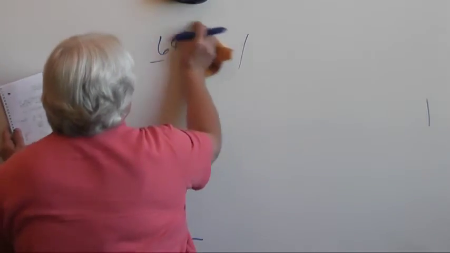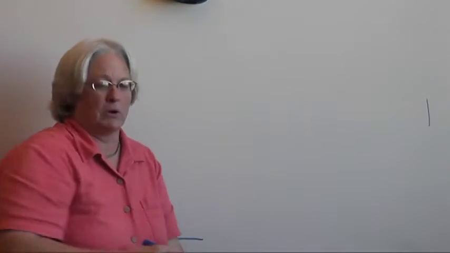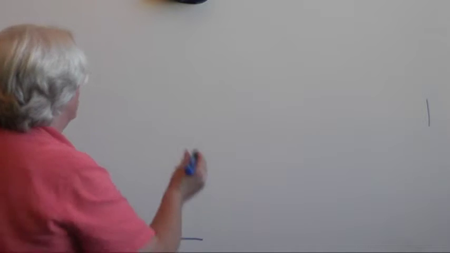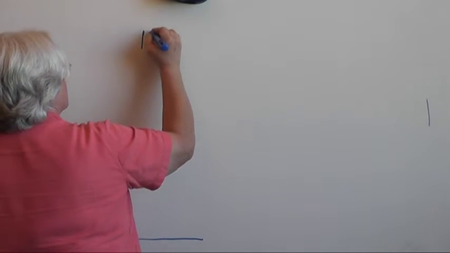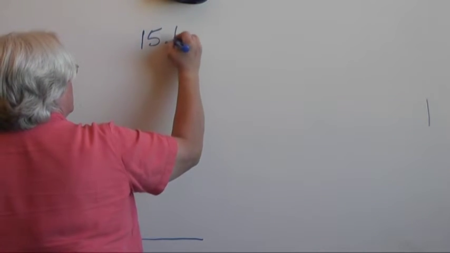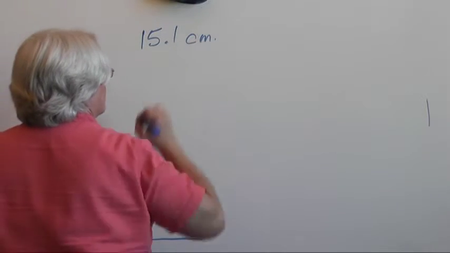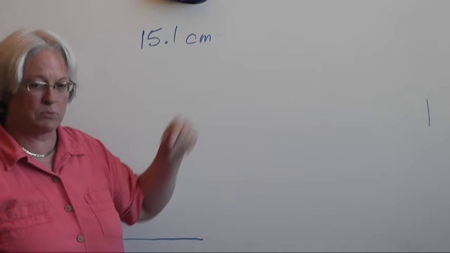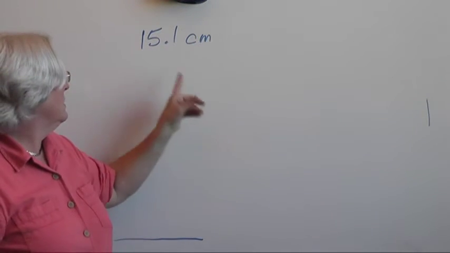So let's say, for example, we have a problem in chemistry, and first let's measure this pencil. The pencil measures 15.1 centimeters, and we're using our abbreviations. Matthew, you need to be writing this problem down because you're going to copy it.